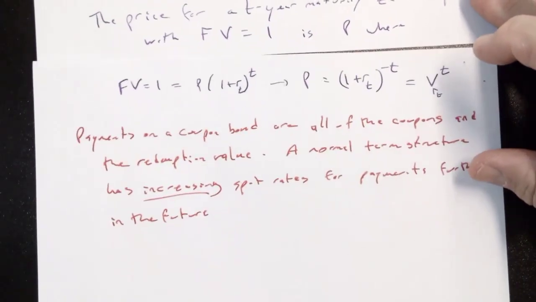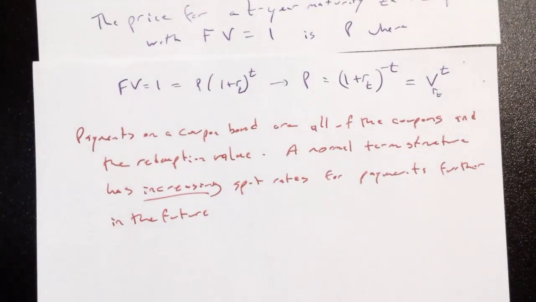Now, this is what's different between this idea and what we were doing last week and the week before. We have held interest rates constant all the way through our coupons. Your yield rate was the same all the way through. Your coupon rate was the same all the way through. But that's not realistic because an increasing term structure tells me that those payments further out in the future should be worth more because term rates go up.